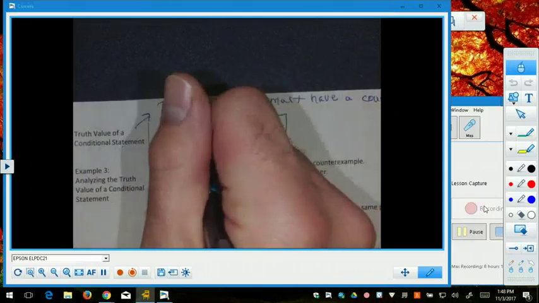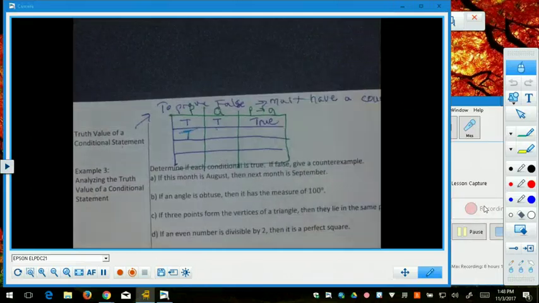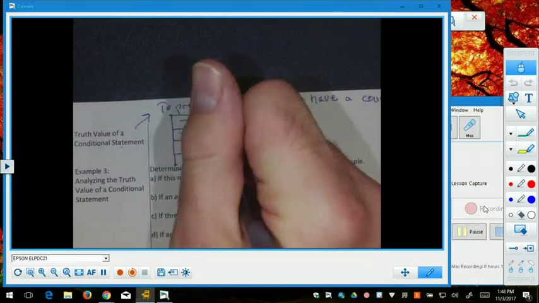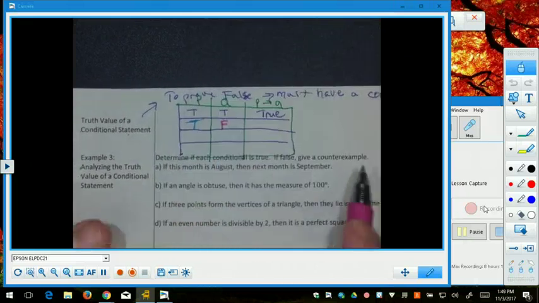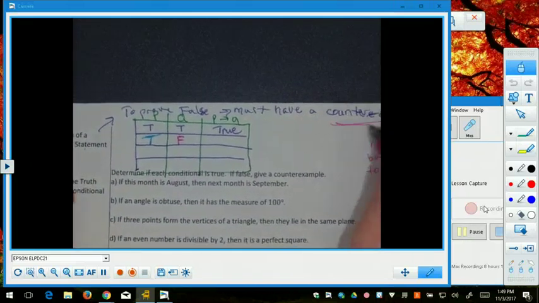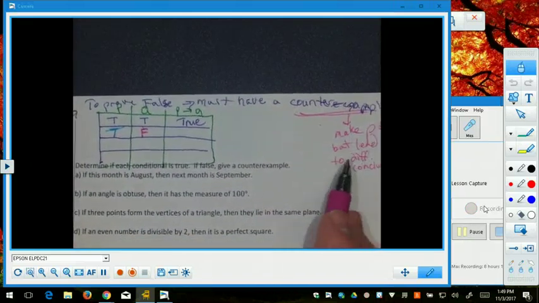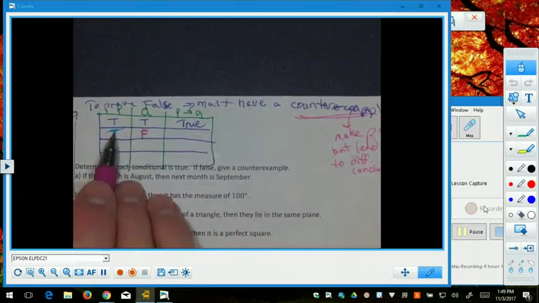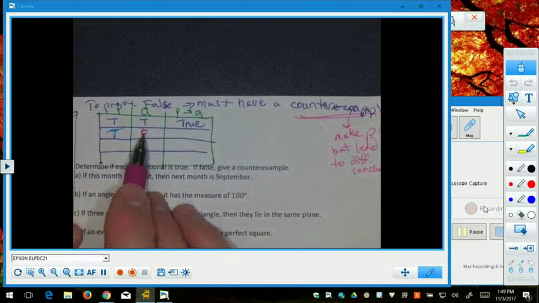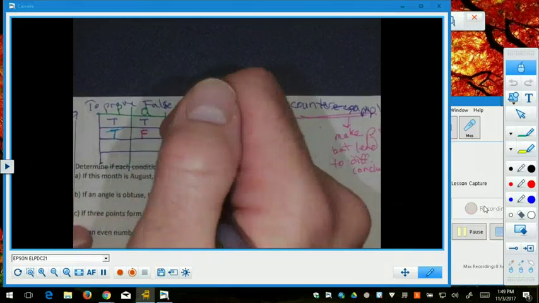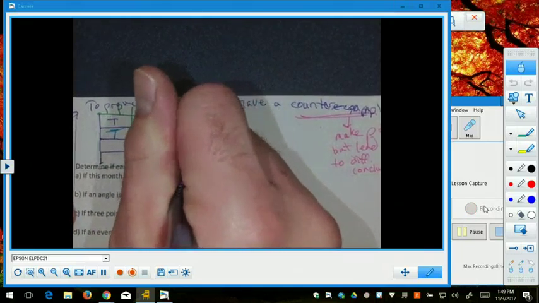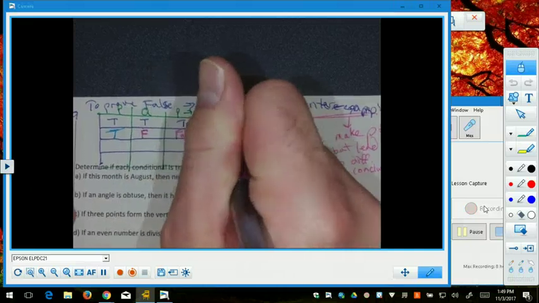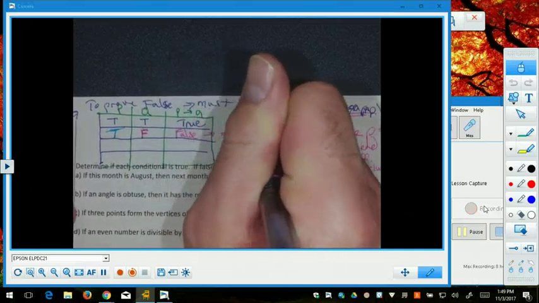If your hypothesis is true, but your conclusion could be false, and this is where you will have a counterexample, because your counterexample will meet the conditions of the true hypothesis and lead to a different conclusion than what was written, then you can say it's false, but you must provide a counterexample.